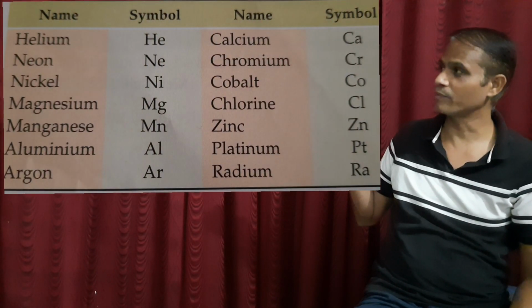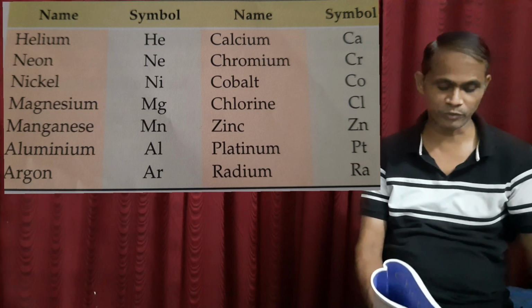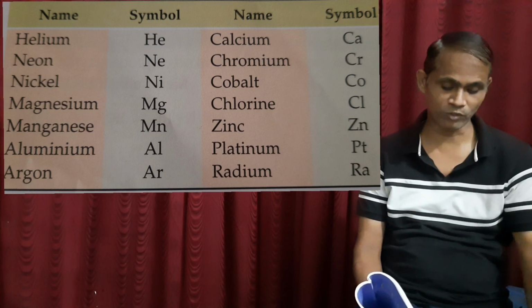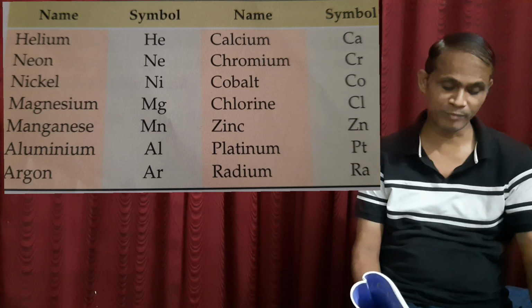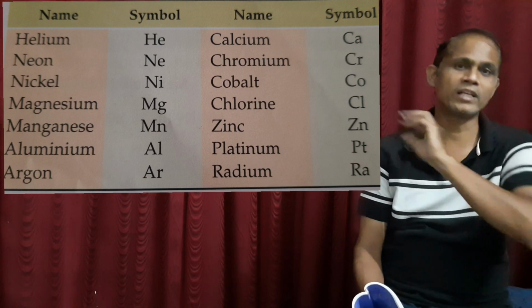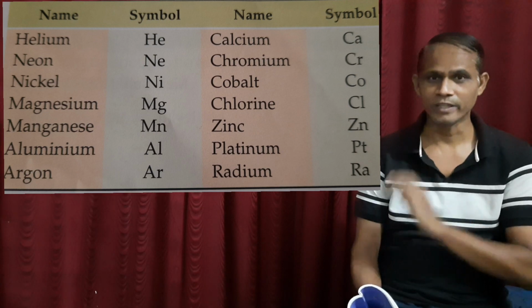All the symbols are represented here, like helium, neon, argon, magnesium, calcium, aluminium. So this is one more method.